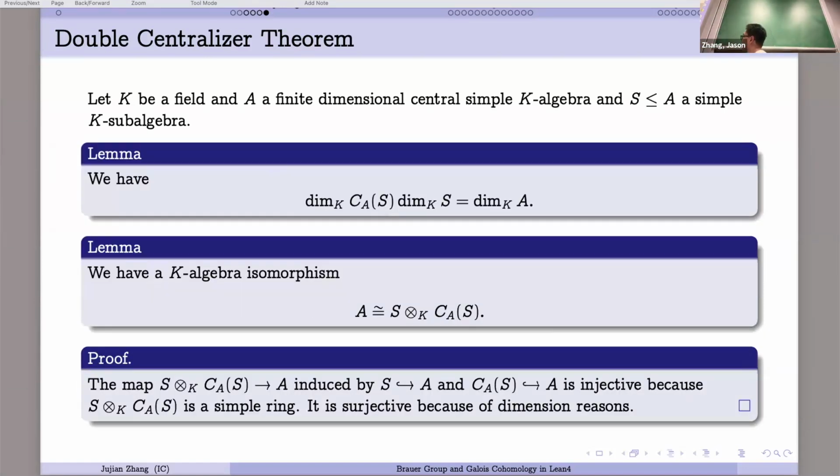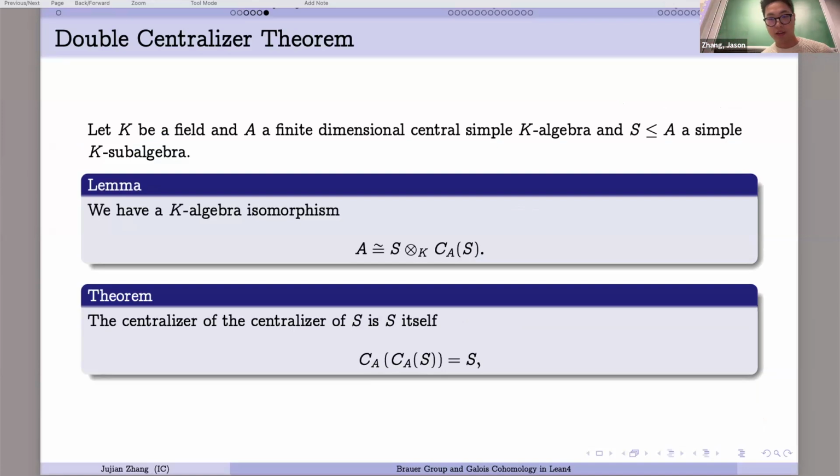In fact, we can write A as the tensor product of the centralizer and the subalgebra. Then finally, just by playing around with the isomorphism and dimension, we can see that the centralizer of the centralizer is S itself.